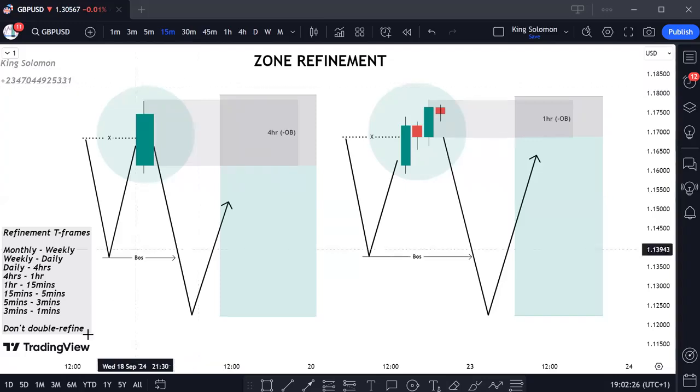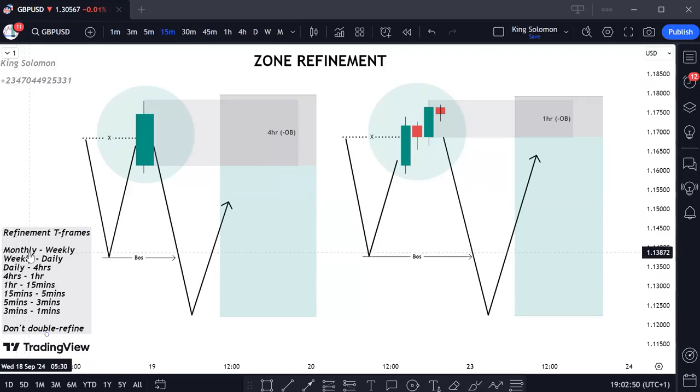So I made a simple time frame strategic analysis to follow right here, and that's the refinement of your time frames.